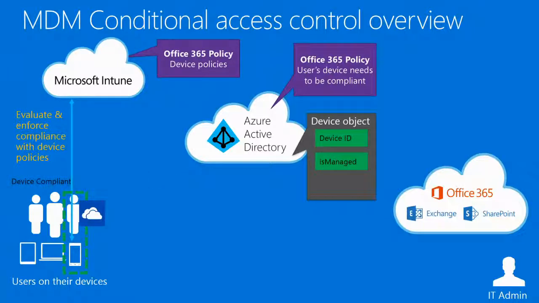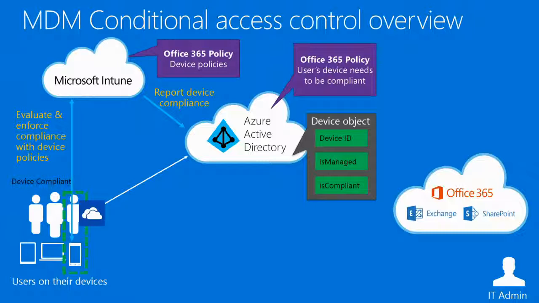Once that device is compliant with those policies, it'll tell Intune, and the agent and the service will talk to each other. Intune then will report that device compliant state to Azure Active Directory, and the is compliant flag is set. So now my device is managed, is compliant, and I know the user is subject to conditional access.